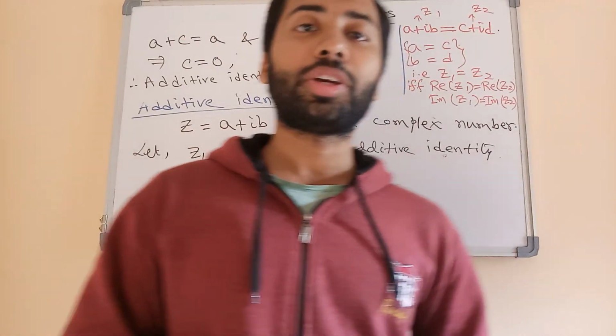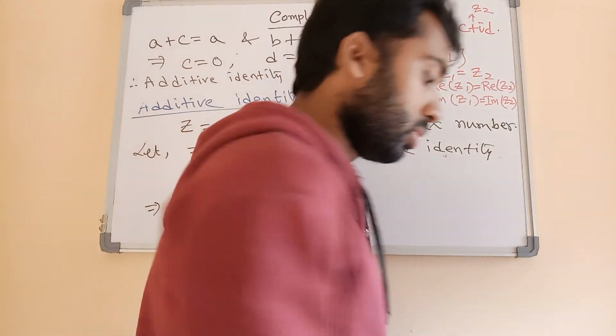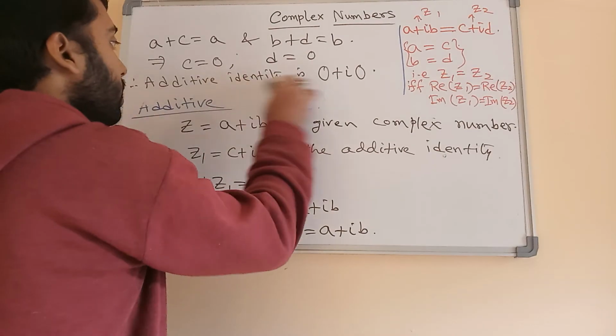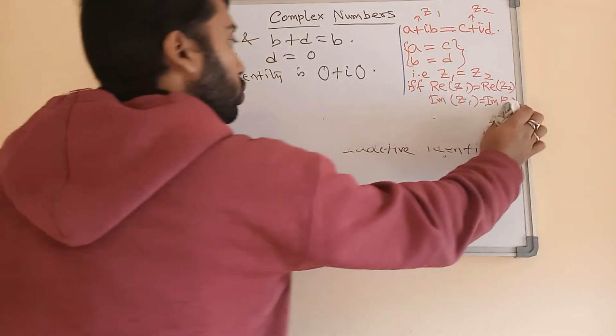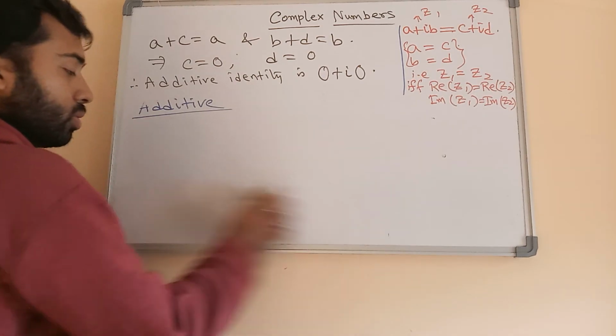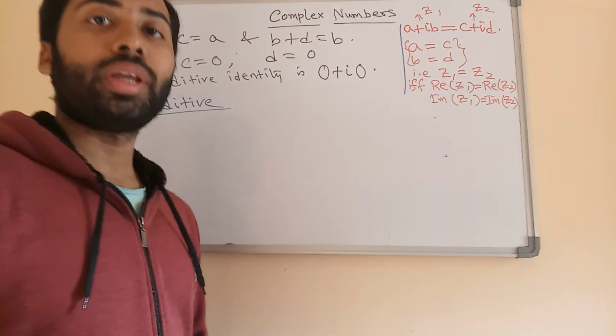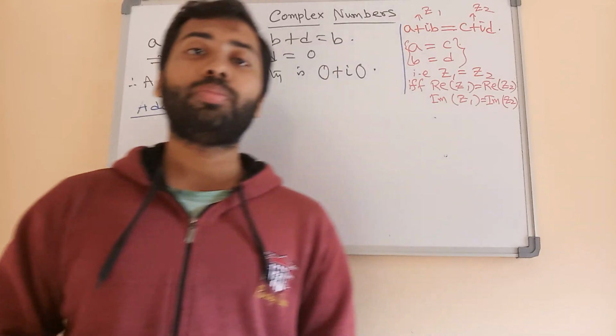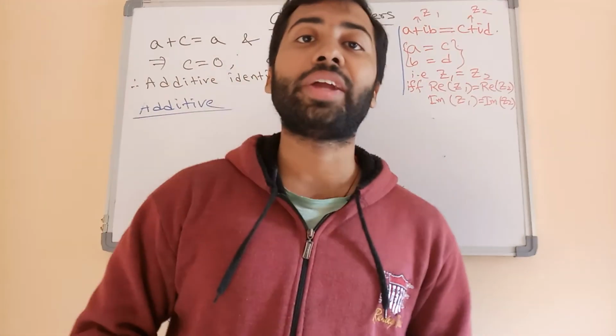So the next property is additive inverse. Additive inverse means the number which is added to any number x will be equal to the additive identity.